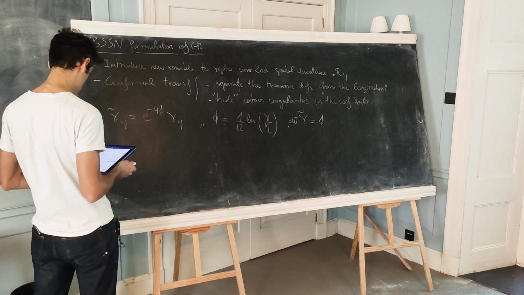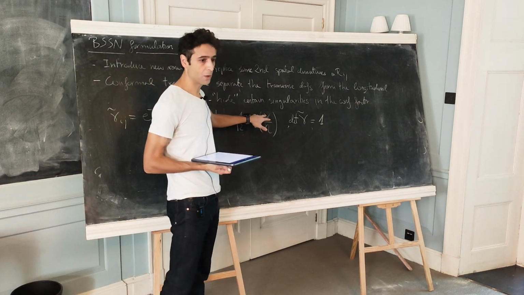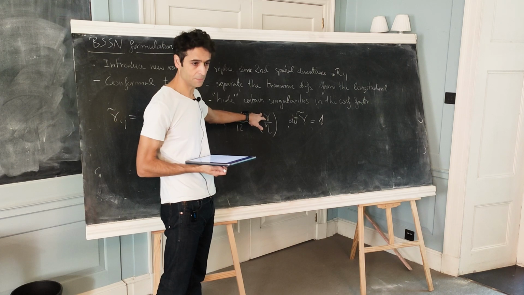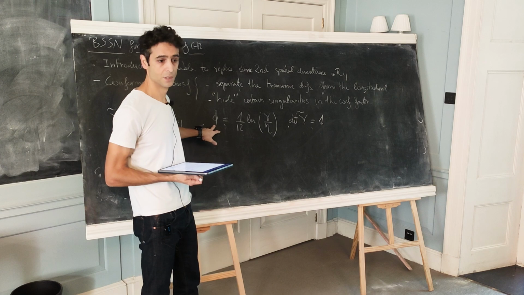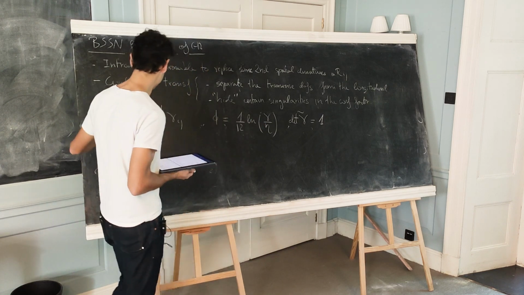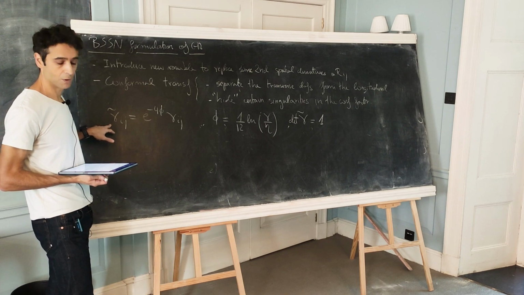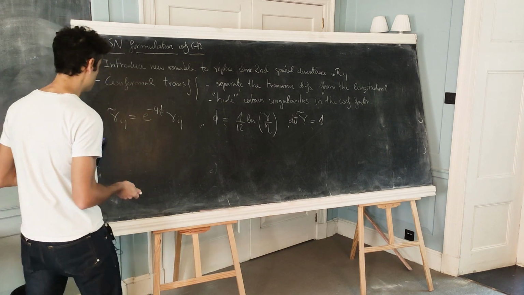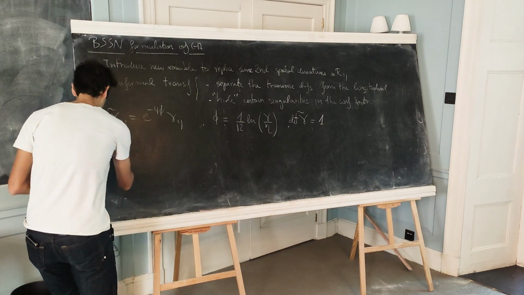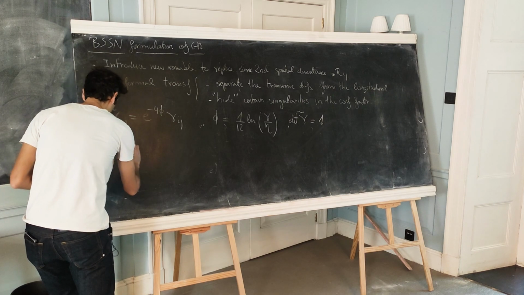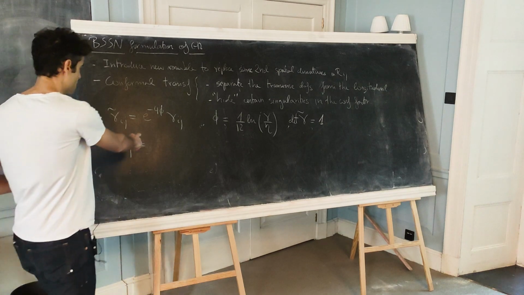Because you know the ADM equation for gamma, the induced metric, then you can derive the corresponding evolution equation for this trivially. And you can derive the corresponding evolution equation for the rescaled metric, okay, from the ADM equations. Then you do the same conformal transformation for the extrinsic curvature. So you take the traceless part of the extrinsic curvature and you rescale it by the same conformal factor.